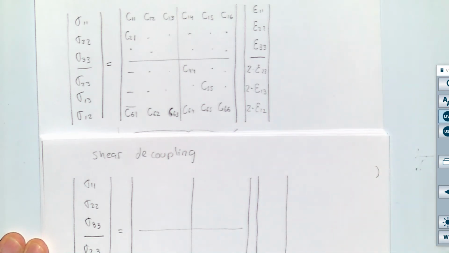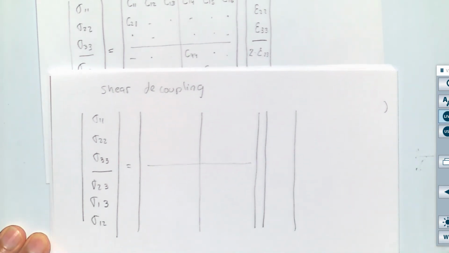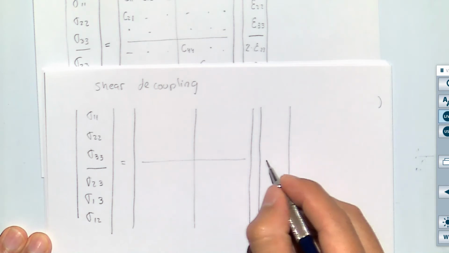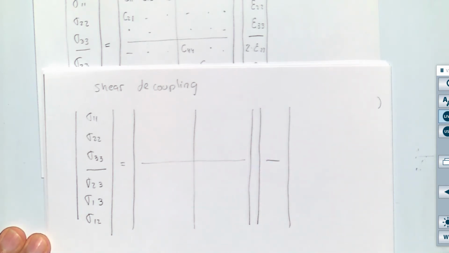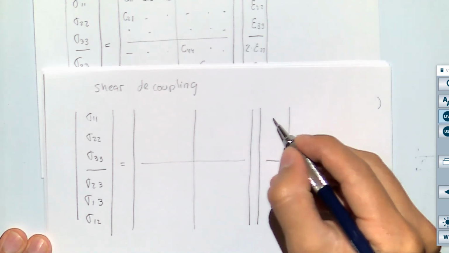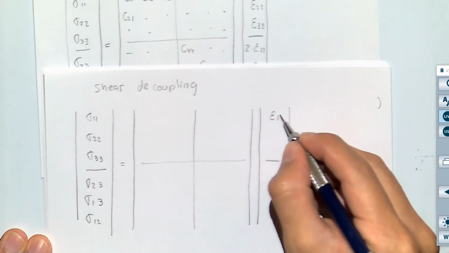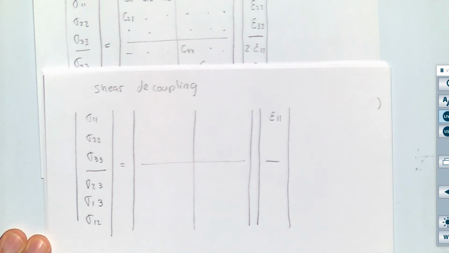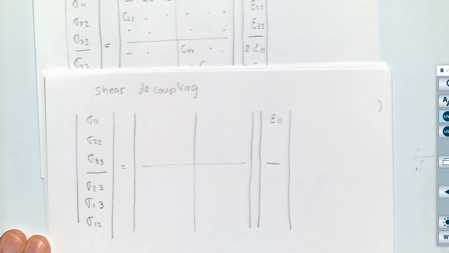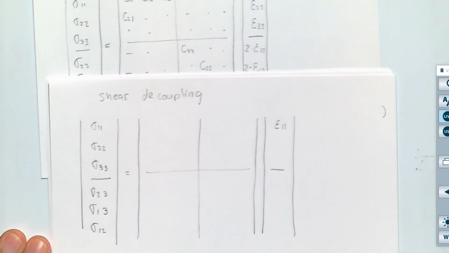Okay, so let's induce or impart a strain epsilon 1, okay? So this is basically a linear strain in direction 1.